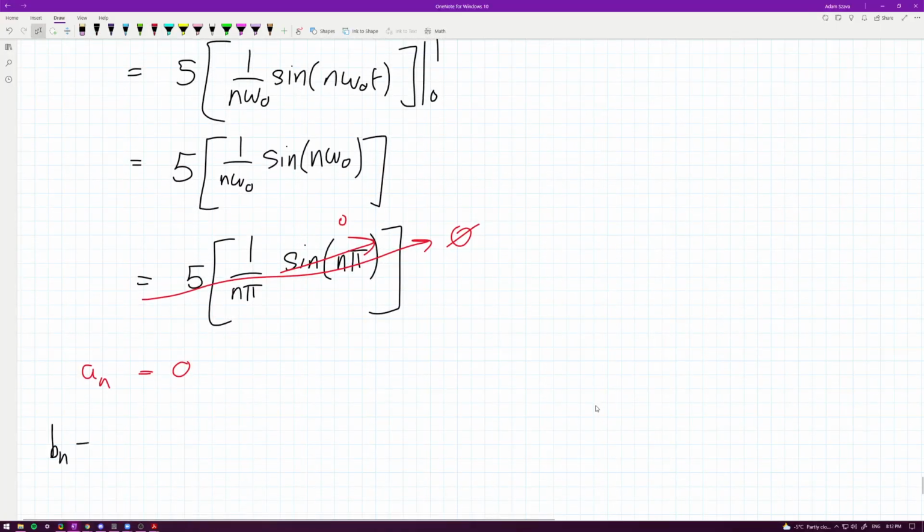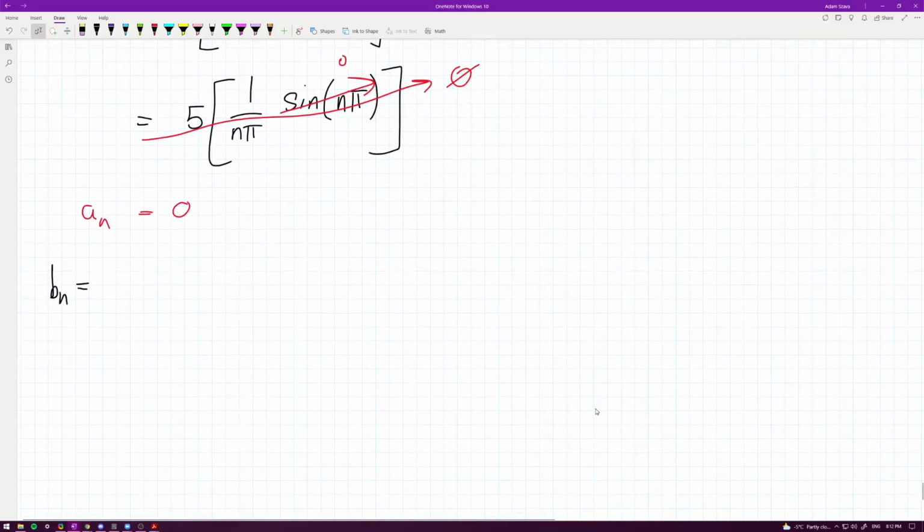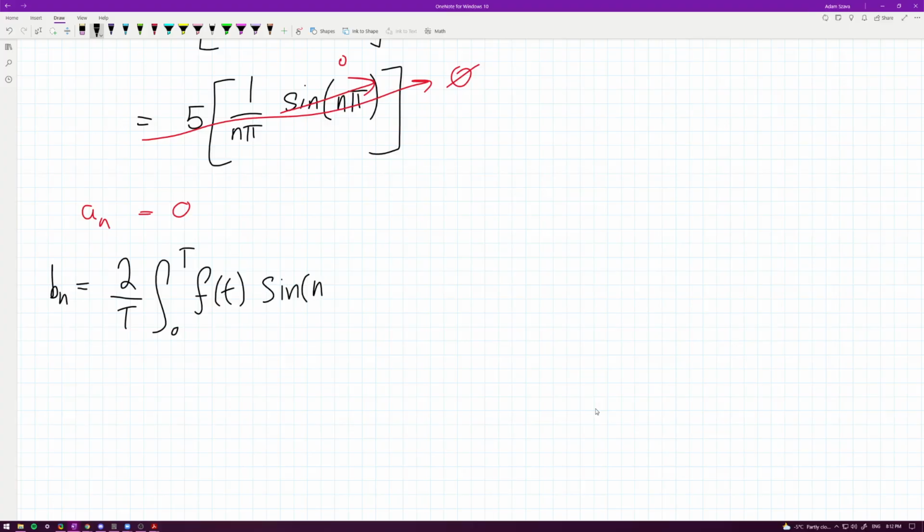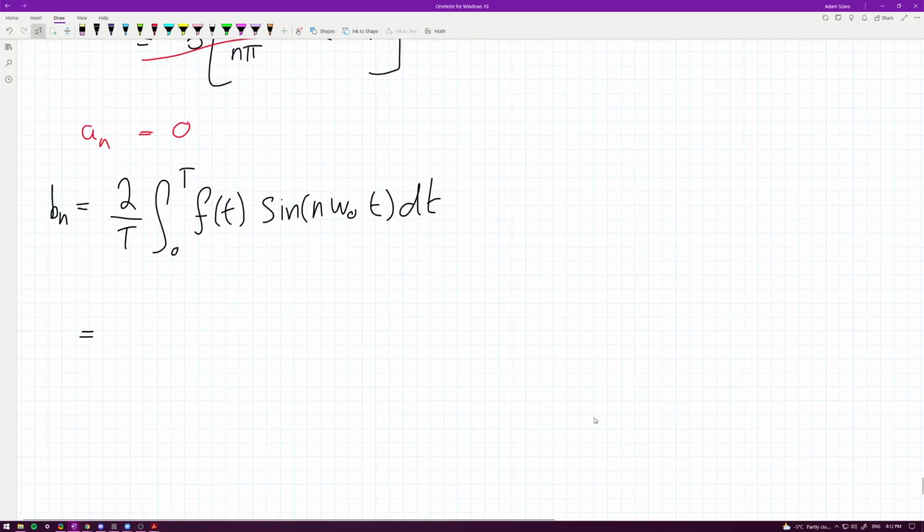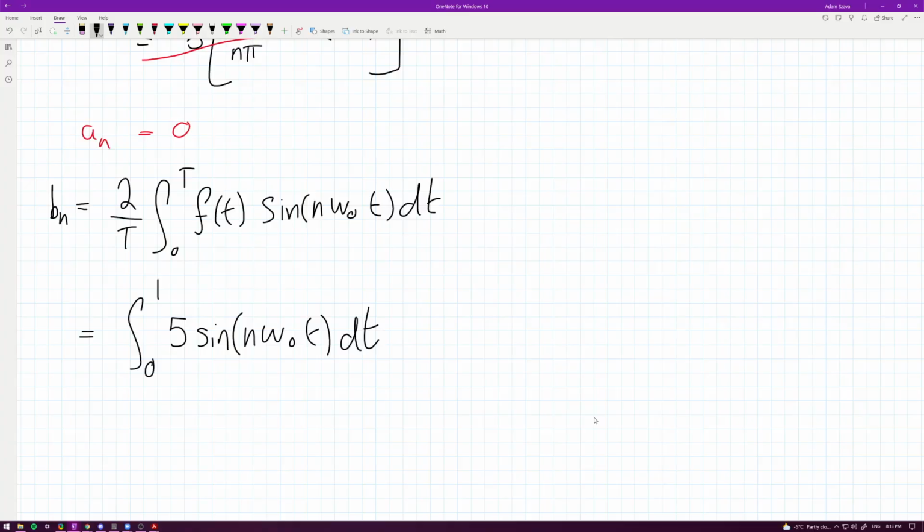b_n is going to be 2 over the period, integral from 0 to the period of f of t sine of n omega 0 t dt. I'll do this a little bit faster. The period is just 1, and I don't care from 1 to 2, so this is just the integral from 0 to 1 of 5 sine n omega 0 t dt.